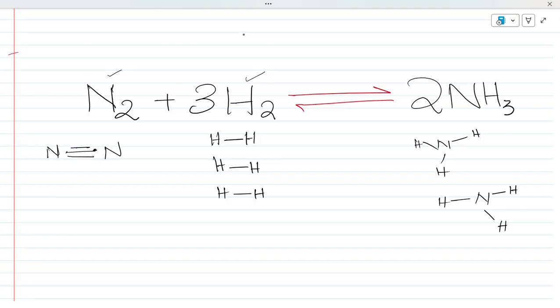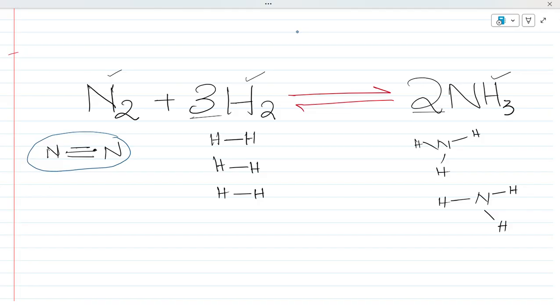In the preparation of ammonia, a nitrogen molecule reacts with hydrogen molecules and forms ammonia molecules. The 3 and 2 are just for balancing the equation. Now in this equation, you can clearly see that on the left hand side we do not have atomic state particles, we have molecules. Nitrogen N2 means 2 nitrogen atoms have a covalent bond.